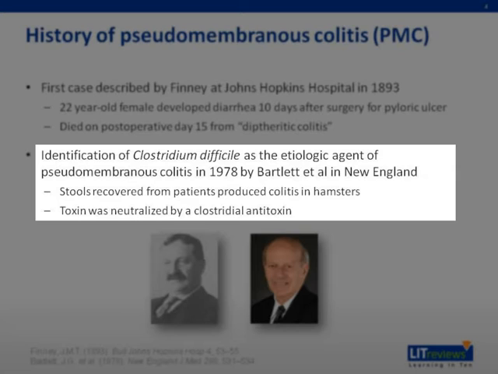The way that it was identified is that stool from patients who were suffering from this disease was transferred into hamsters, and they developed a colitis, and the bacterium was deduced to be a Clostridium based on neutralization of the toxin by a Clostridial antitoxin.